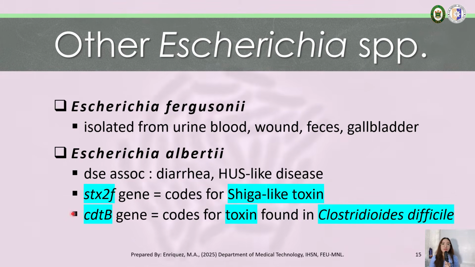How do we remember kung ano yung type of toxin na pinoproduce ng genetic code na ito? It's the first two letters. Again, the STX2F gene codes for a Shigella-like toxin. Meanwhile, the CDTB gene codes for the same toxin found in Clostridioides difficile.